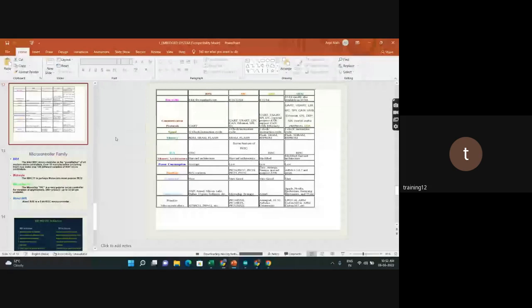Manufacturers: for the 8051, NXP, Atmel, Silicon Labs, etc. PIC is Microchip, and AVR is Atmel.